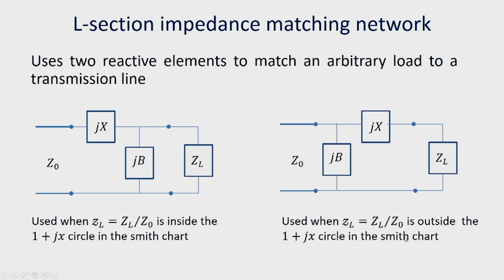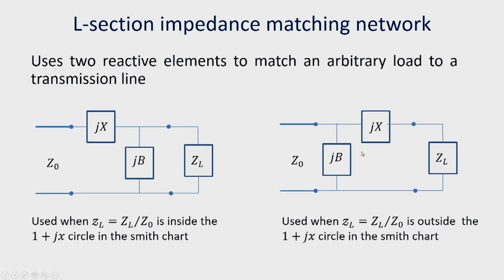What does it mean is that the real part of ZL is less than Z naught. Here also this jX can be an inductor or a capacitor, and this jB may be an inductor or a capacitor.